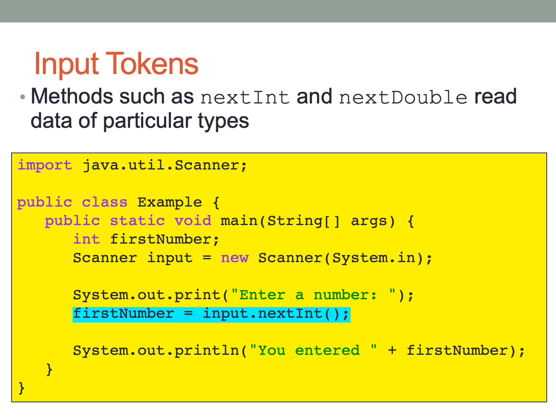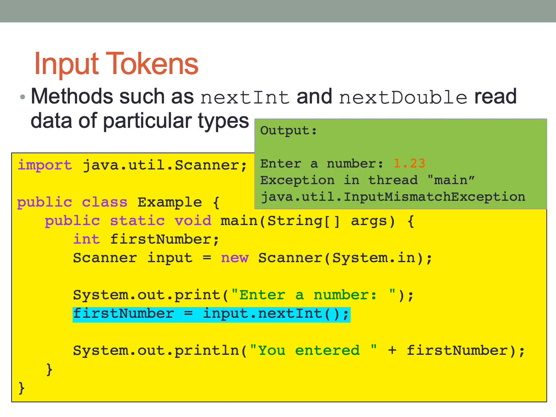What do you think will happen if the user enters 1.23 instead of an integer? A runtime error would happen. This code can compile and run, but because of the wrong input, the program ends. It tells you the error, which is input mismatch, meaning that the program expects an integer, but the user entered a decimal point value.